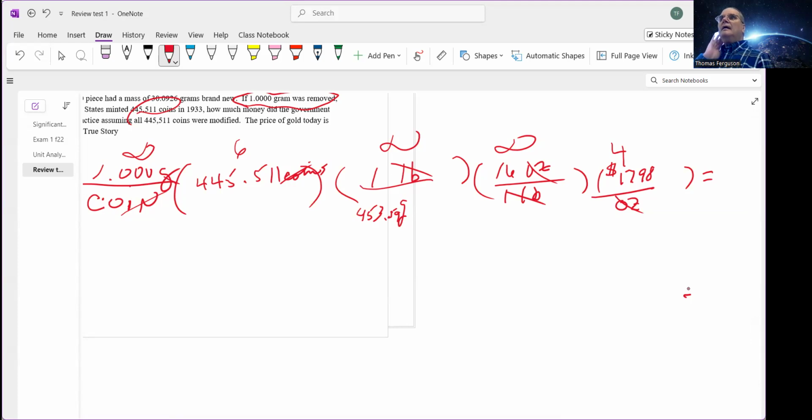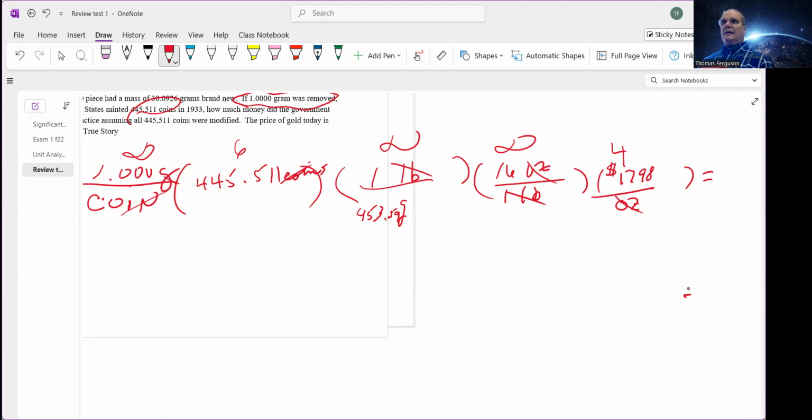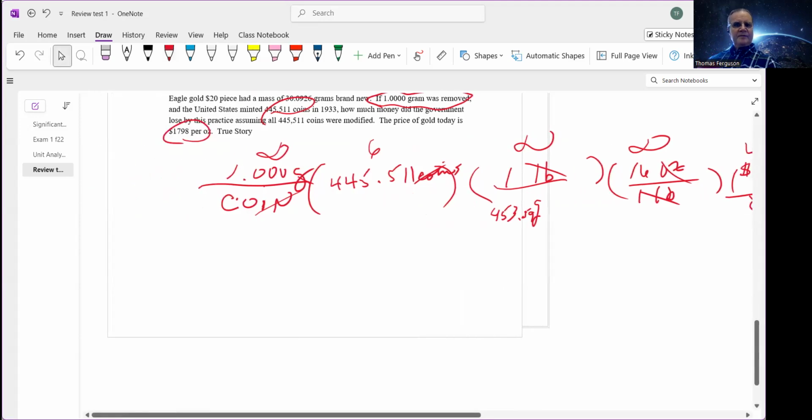Remember, things that are defined are infinite. The question is, was the 1798 defined by the government? It could be or couldn't be. It could just be a floating number by the seconds, or just treat it like 4.